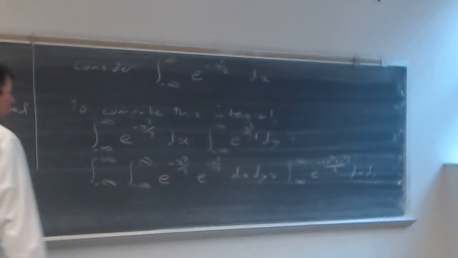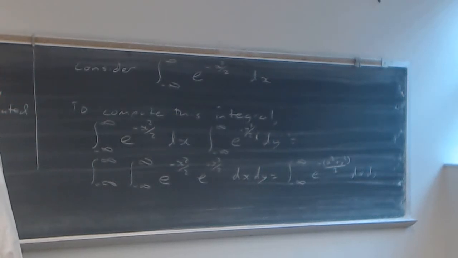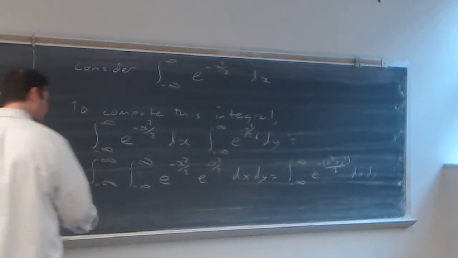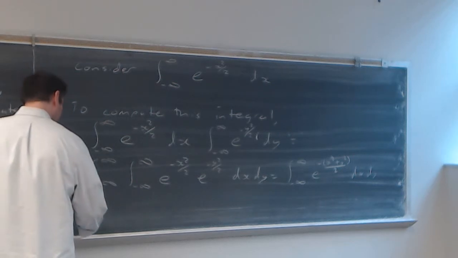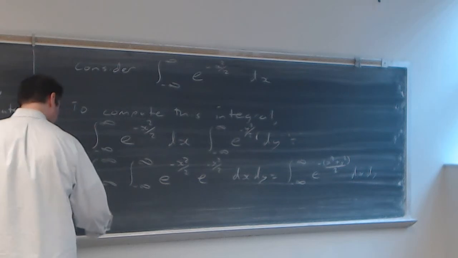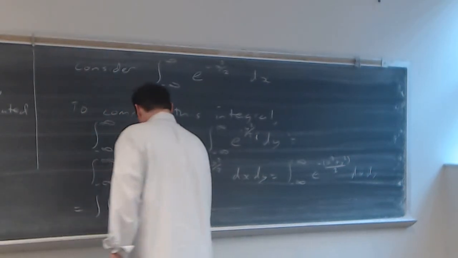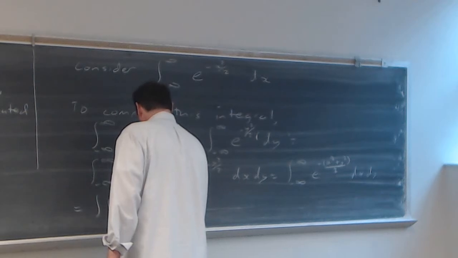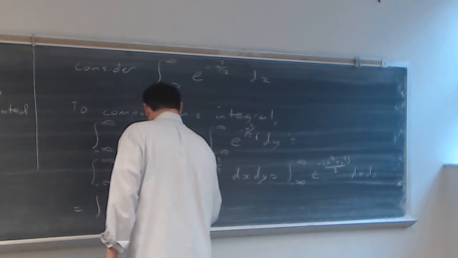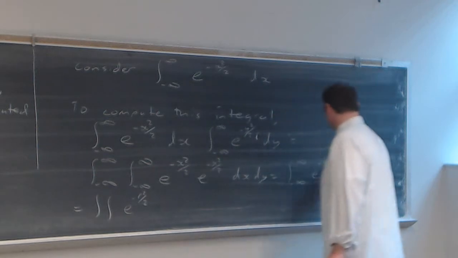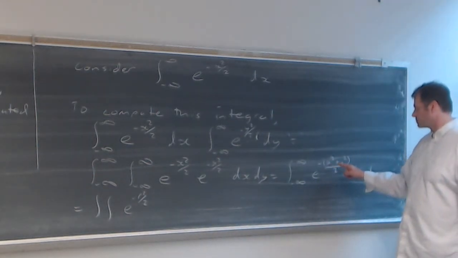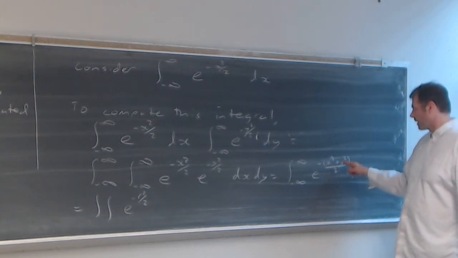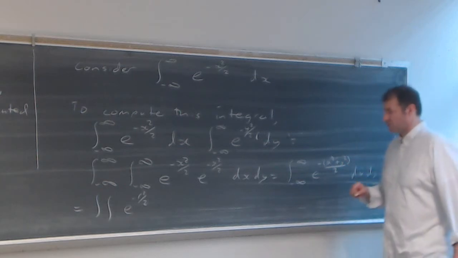Now, we'll change to polar coordinates, and this can be rewritten as the double integral. Here, this is e to the minus r squared over 2, where r is nothing more than the square root of x squared plus y squared.